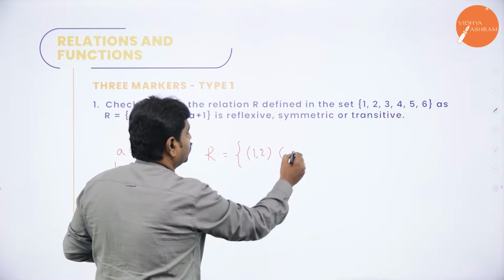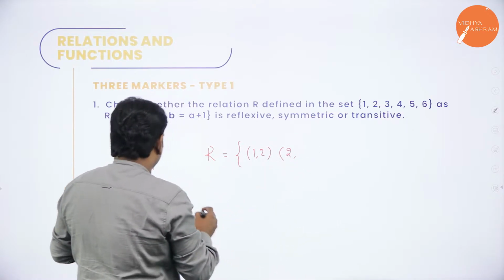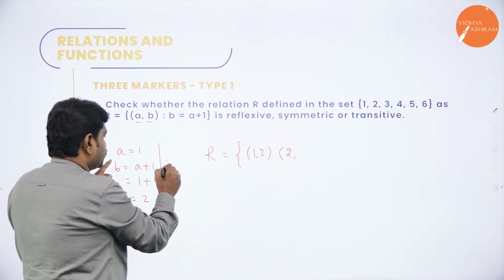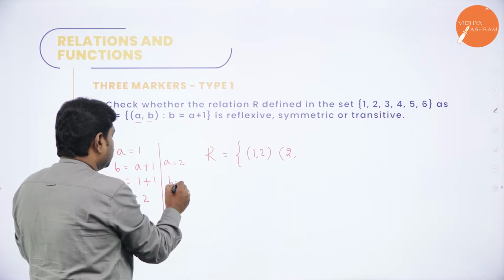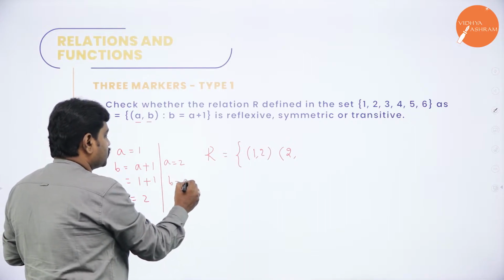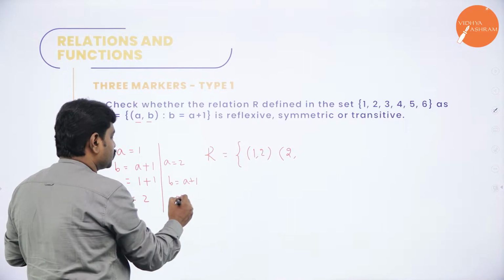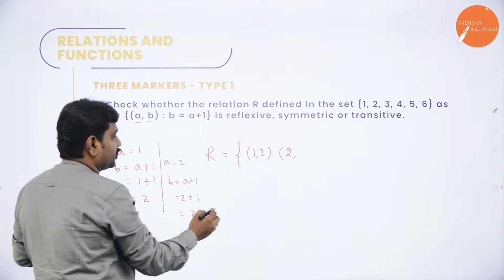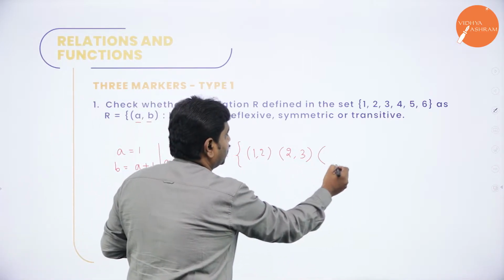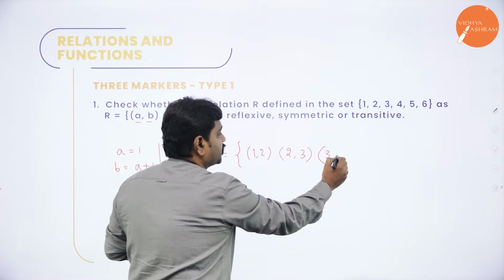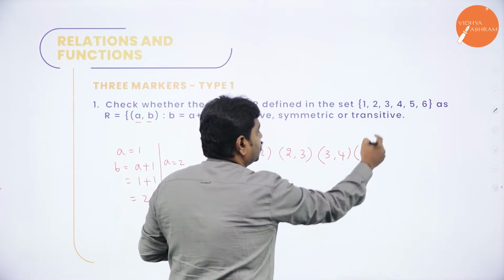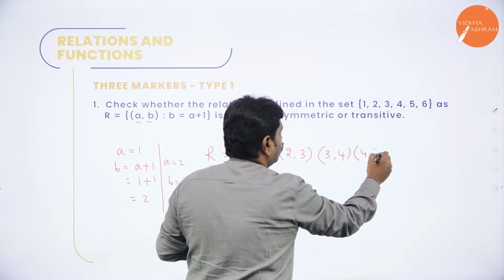Similarly, if I take a value as 2, then b will become what? a + 1. a + 1 means what? 2 + 1. What is 2 + 1? 2 + 1 is 3. So, (2, 3). Then if you select a as 3, 3 + 1, 4. b is 4. Select a as 4, 4 + 1, 5.